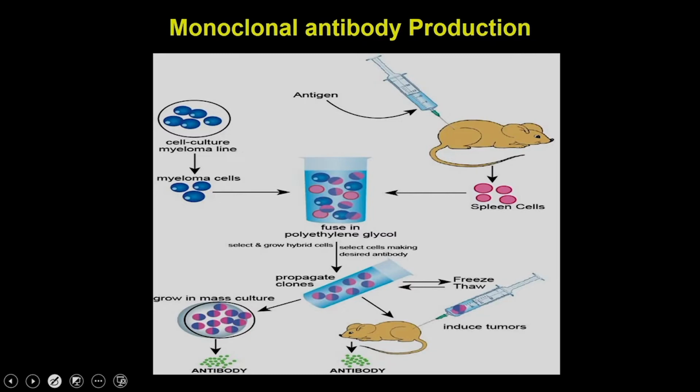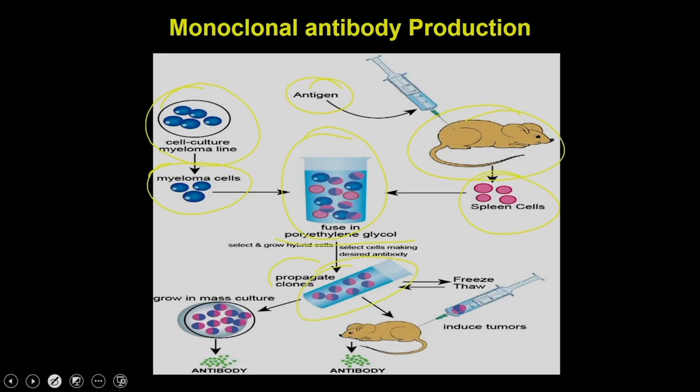So, in a typical monoclonal antibody production, as we discussed, first you take the antigen, you immunize the animals, you collect the spleen, then on the side you culture the myeloma cell lines, you take the myeloma cells and mix them together with the fusing reagent that contains polyethylene glycol, which is going to give you the hybridomas.